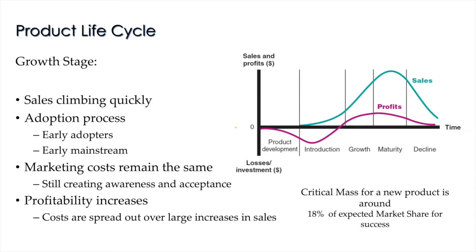Now, what is a critical mass? I looked this up on the internet years ago, and best guess scenarios from marketing experts would basically say that for a company to keep going, you need at least 18% of expected market share for success.